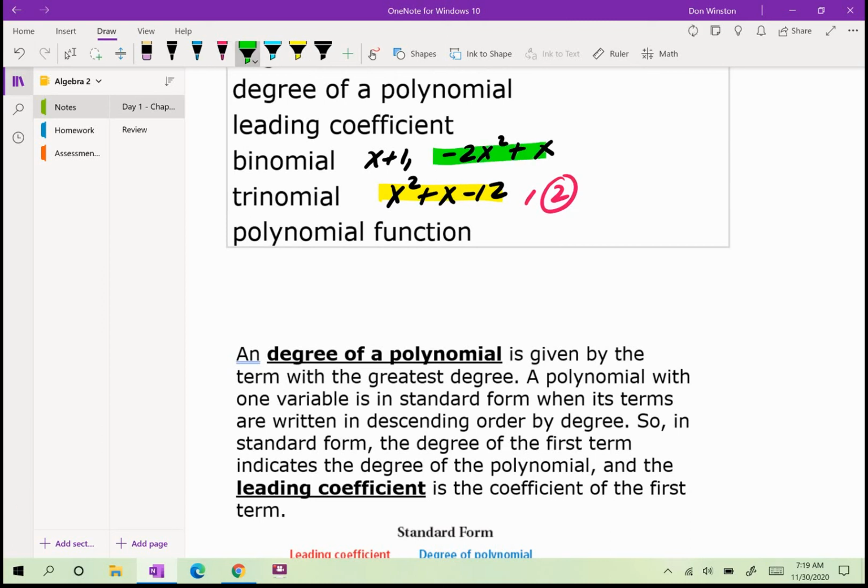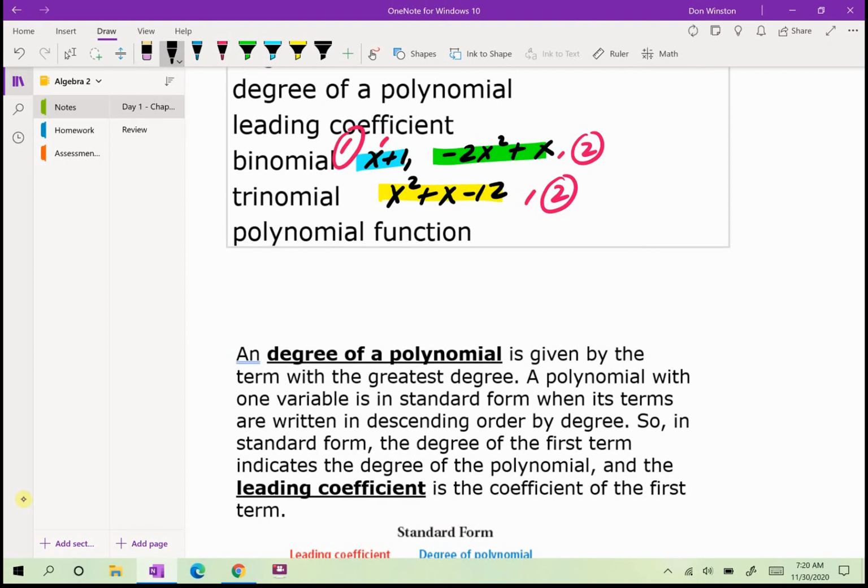For negative 2x squared plus x, again, the degree would be 2 because 2 is the largest exponent I have. For x plus 1, the degree would be 1 because, again, 1 is the largest exponent I have.